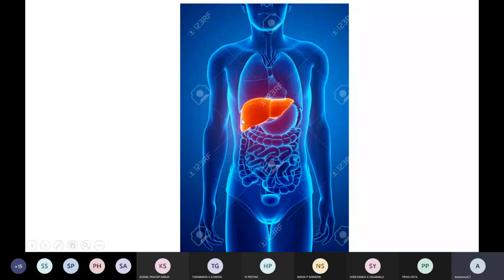Below the inferior horizontal plane we have the right iliac fossa, left iliac fossa, and hypogastric. So this is where the liver is located in the abdomen: most of it in the upper right side, occupying the right hypochondriac region, partially situated in the epigastric, and partially extending up to the left hypochondriac region.